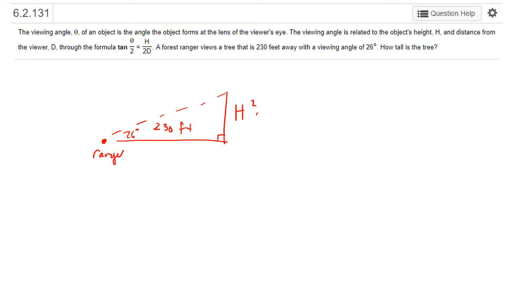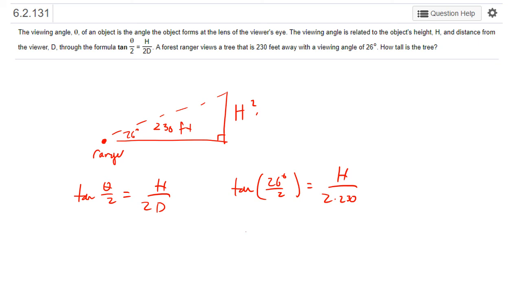Okay. So we know that the tangent of theta over 2 is the height over twice the distance. The angle was given to be 26 degrees. The height we don't know, but the distance was exactly 230 feet. So the tangent of 13 degrees is h over 460.